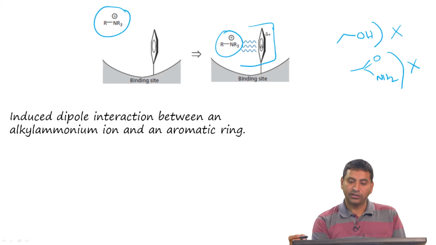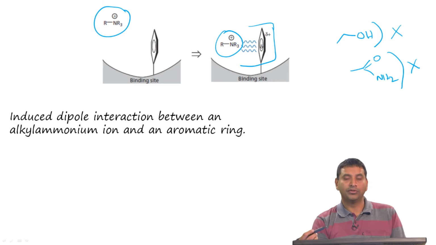And in the last case, you have phenylalanine, which can involve itself in induced dipole interactions or even in van der Waals interactions, and therefore the receptor ligand must contain these functional groups, or functional groups positioned in such a manner that they interact with these residues in a favorable manner.